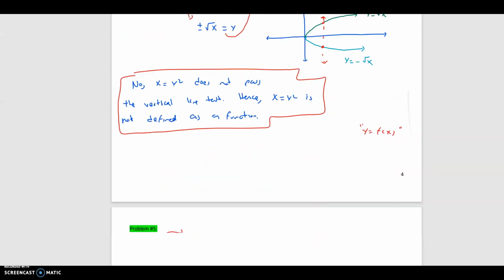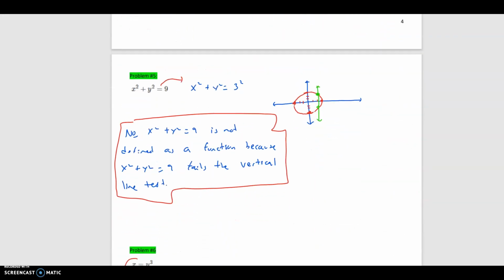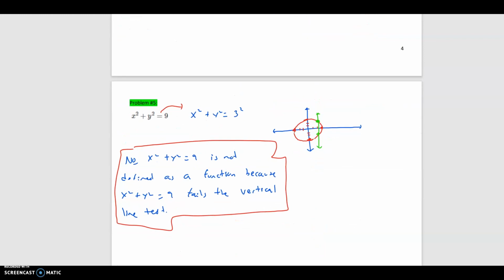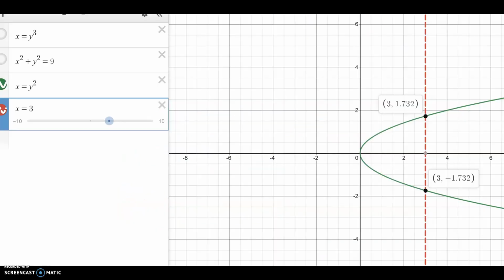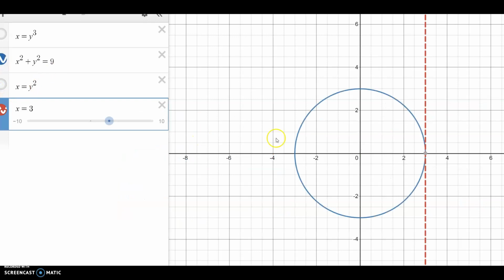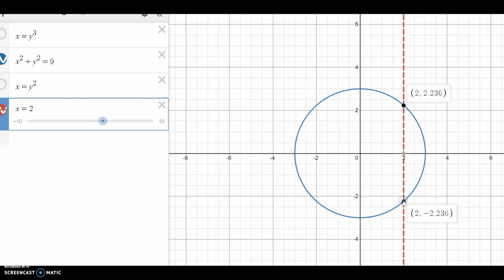And let's take a look at problem 5. Problem 5 was x squared plus y squared is equal to 9. So in this case, it's going to look like this. As you can see, it's a circle. Let me make this smaller to 2. And this one is not defined as a function, and you just need one portion for it to fail. In this case, I picked 2.